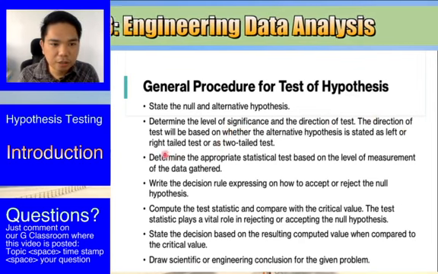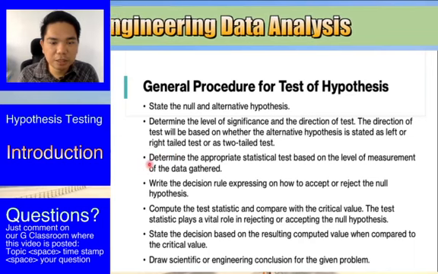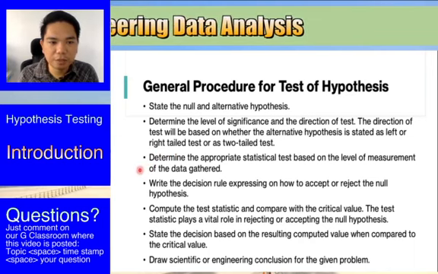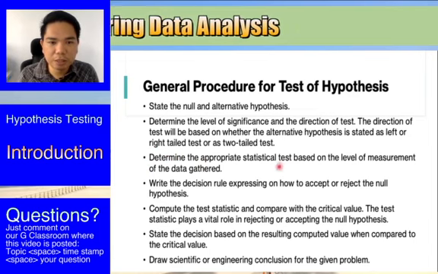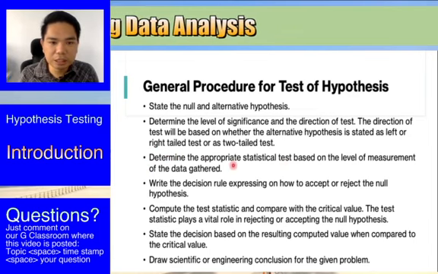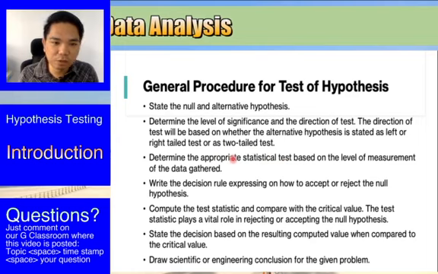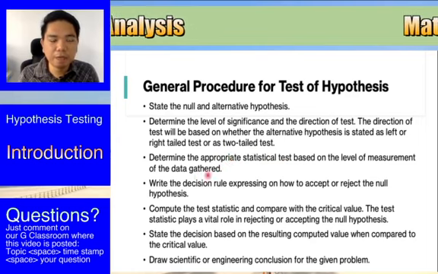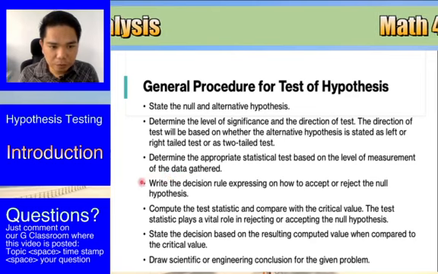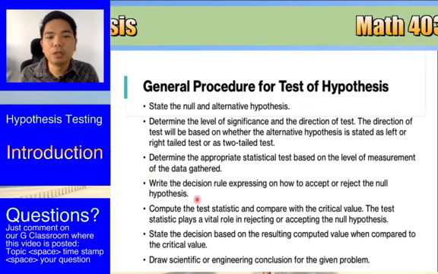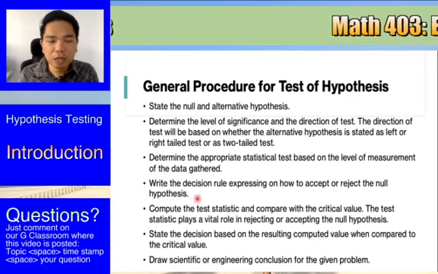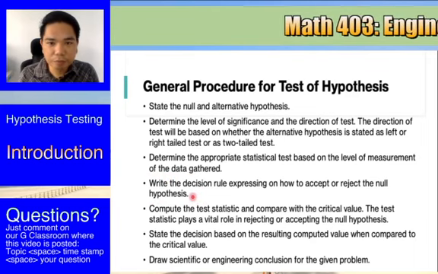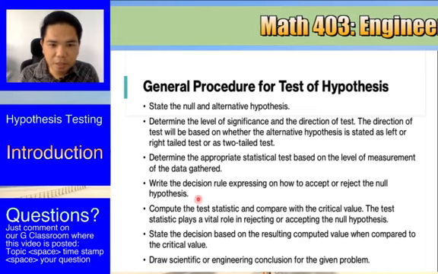Now, next is to determine the appropriate statistical test based on the level of measurement of the data gathered. So, determine yung appropriate statistical test. Z-test, t-test, or chi-squared test. Okay, kung ano yung appropriate. And then, ito, dinagdag ko, write the decision rule expressing on how to accept or reject the null hypothesis. Yan.